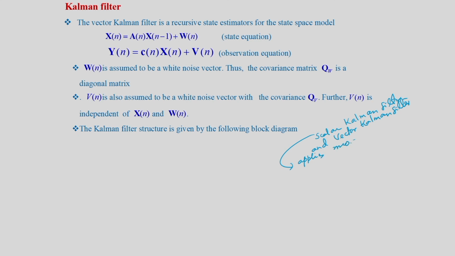What is the model? Model is an AR1 signal. So, Xn is equal to A times x of n minus 1 plus Wn. Wn is a white noise, and A is a known constant, and A can be considered as a function of n, so that non-stationarity can be tackled. And observed data Yn is equal to Xn plus Vn.